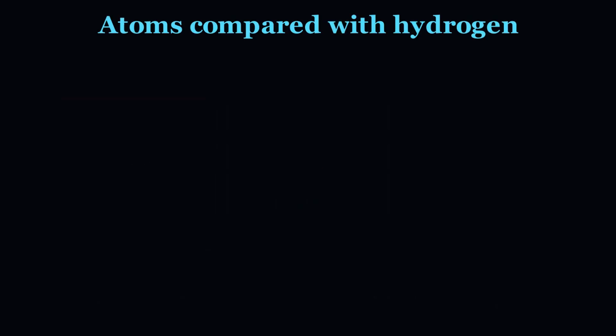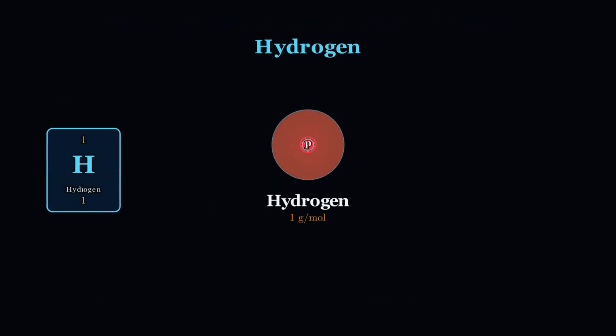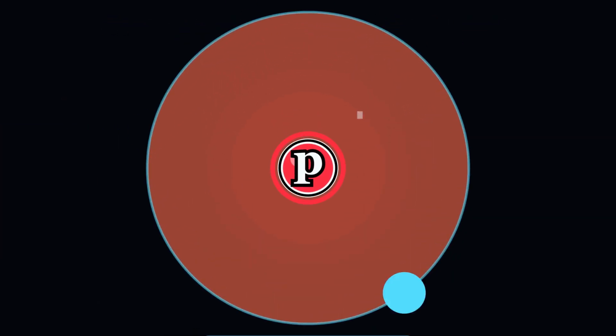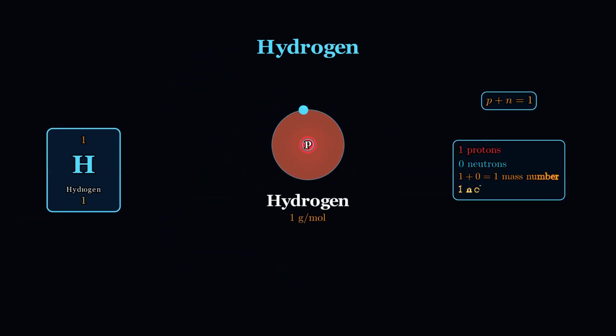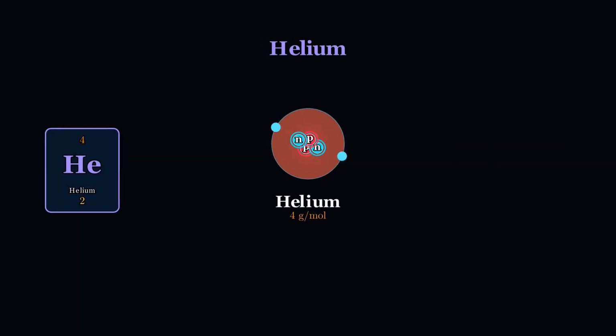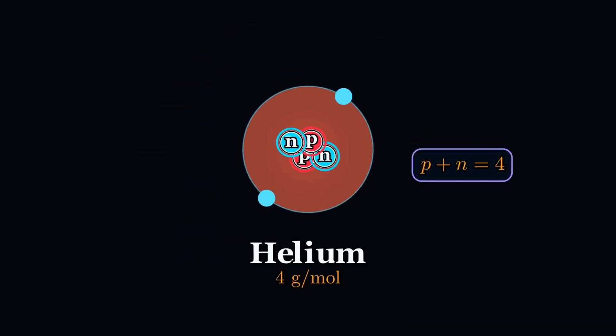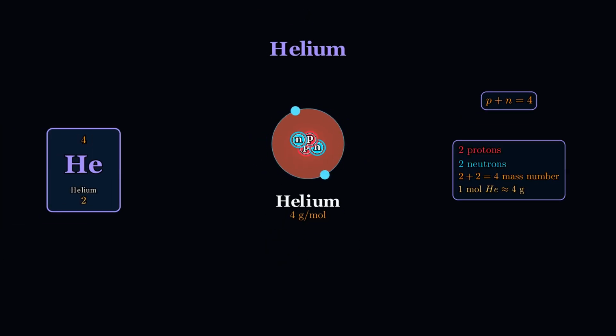Now compare some atoms with hydrogen. Hydrogen has 1 proton and no neutrons. 1 plus 0 gives a mass number of 1, so 1 mole of hydrogen atoms has a mass of about 1 gram. Helium has 2 protons and 2 neutrons. 2 plus 2 gives a mass number of 4, so 1 mole of helium atoms has a mass of about 4 grams.